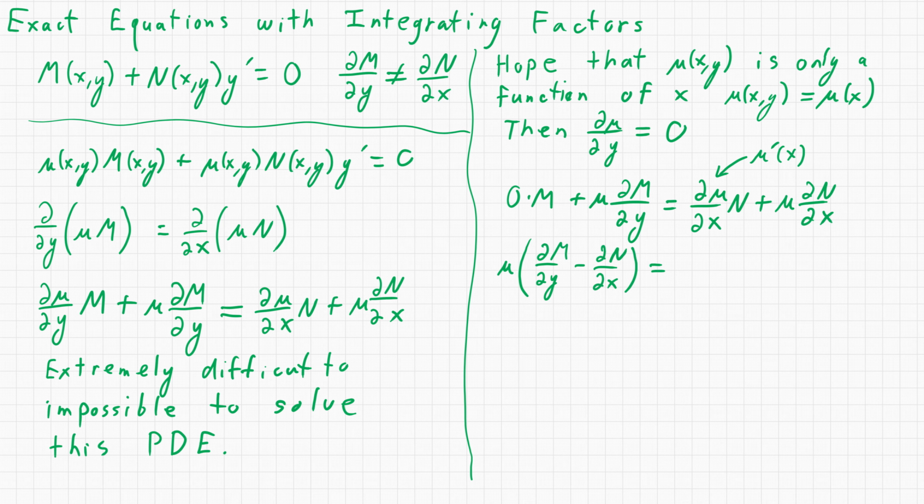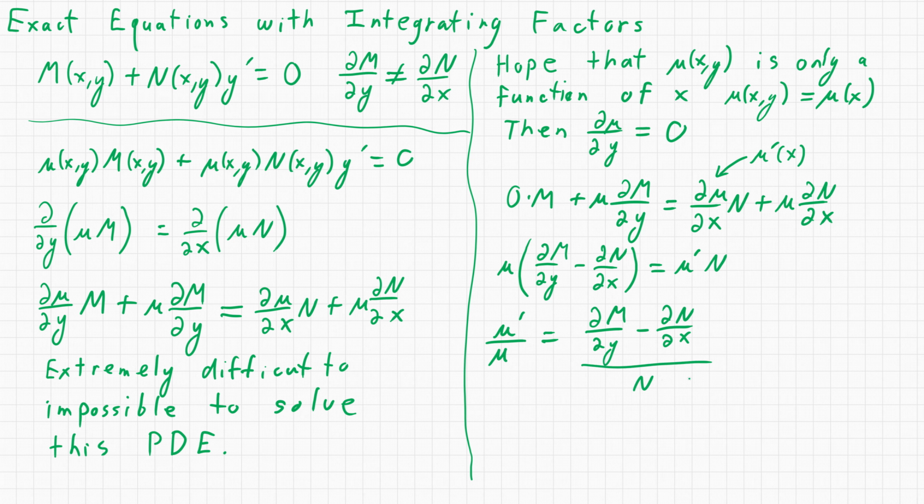Left on this side is mu prime times N. Next I'm going to divide both sides by mu and N, and switch the sides. So mu prime over mu is equal to partial M partial y minus partial N partial x, all over N.